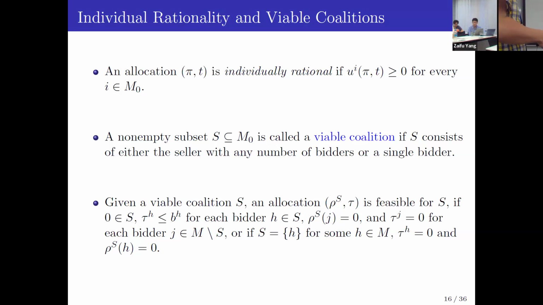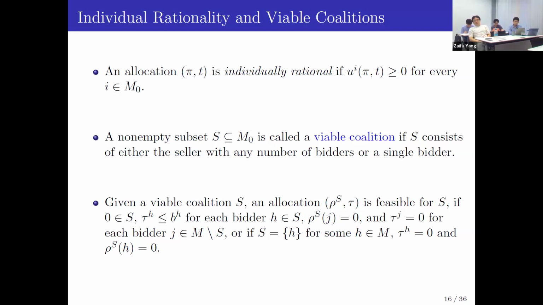An allocation and payment is feasible for the coalition S in the first case: if the coalition contains the seller, then the payment of every bidder in the coalition is less than or equal to his payment, and any non-coalition member should get no item and the payment should be 0.